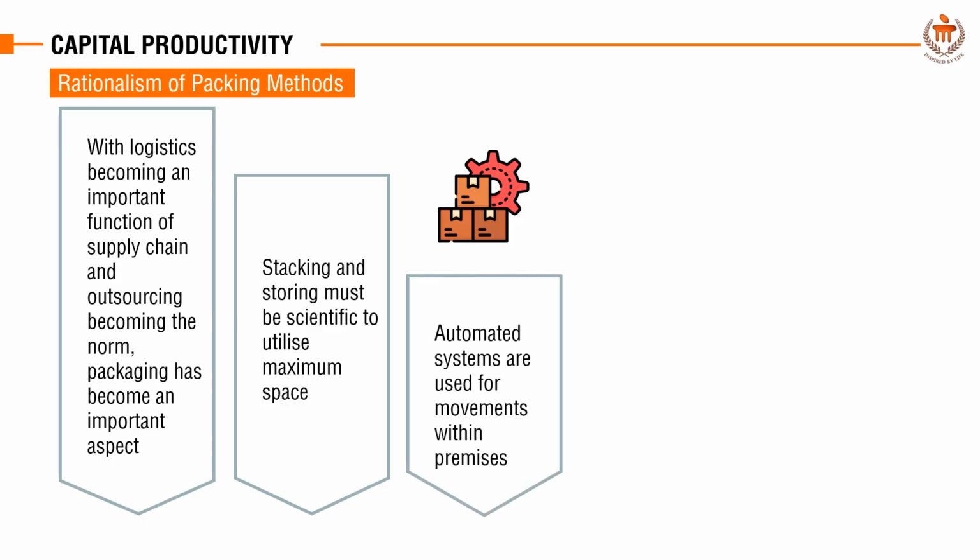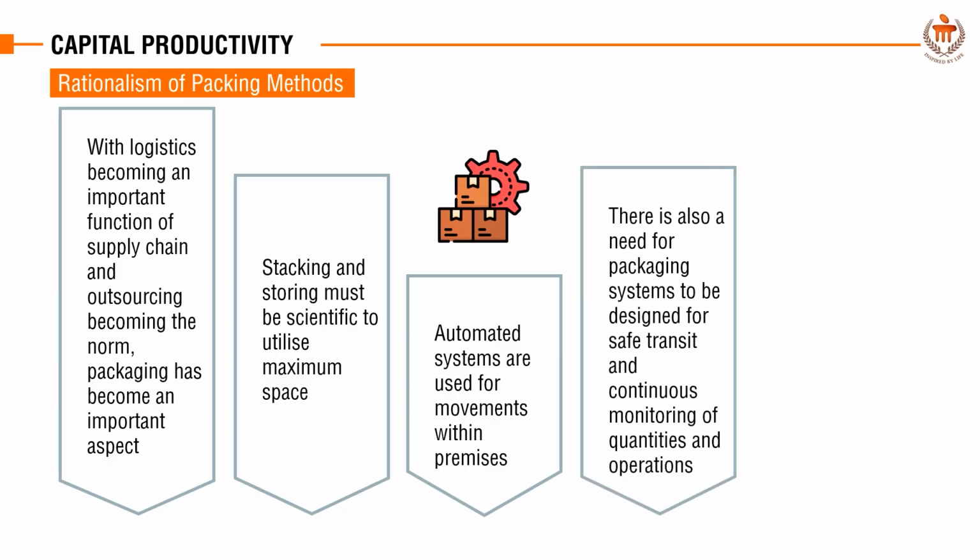To streamline operations, automated systems are commonly employed for the movement of goods within facilities, enhancing efficiency and reducing manual labor. Additionally, packaging systems must be thoughtfully designed to ensure safe transit of products while allowing for continuous monitoring of the quantities and operational processes.